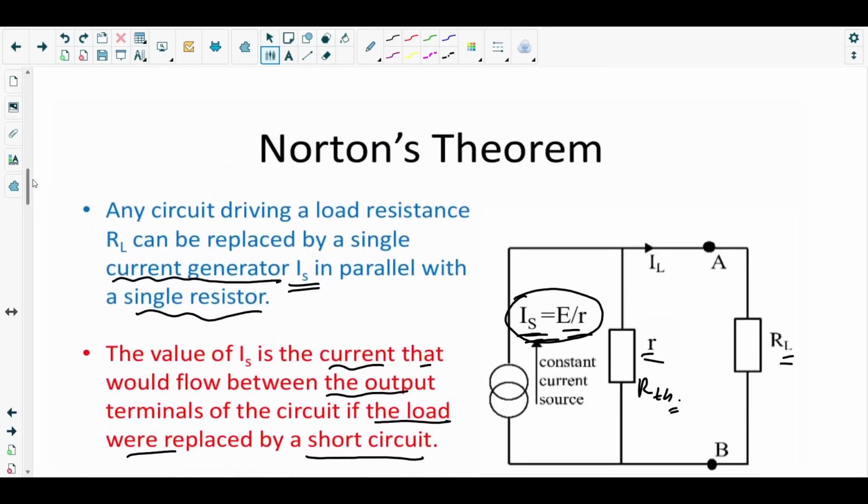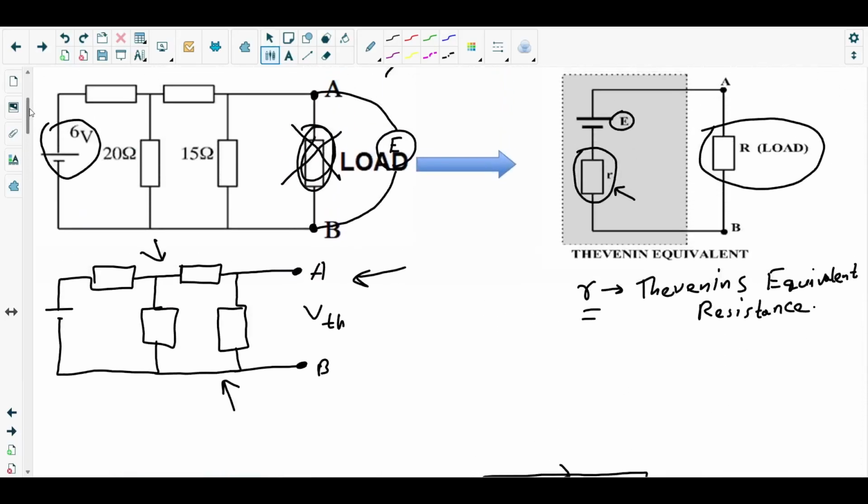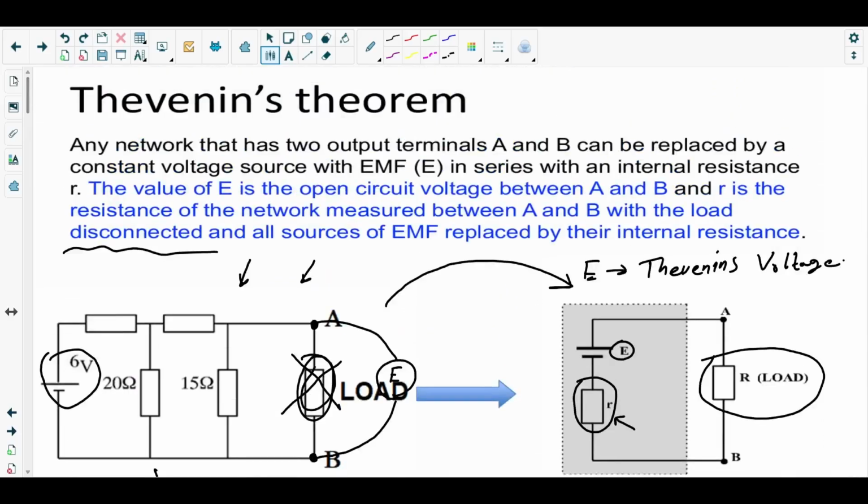So we have covered Thevenin's theorem and Norton's theorem. And another thing I must mention, that Thevenin's theorem and Norton's theorem are just the way we represent the circuits in a different manner or different pattern. It's not that as we find the equivalent circuit, the magnitude of the current through the load resistor or the voltage through the load resistor will change.